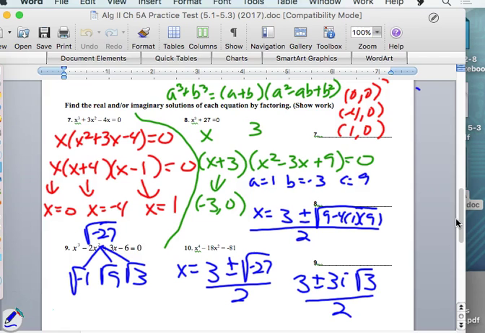Can we simplify that further? No, 3 is not divisible by 2. Not nicely anyway. You're not going to get a nice integer out of that. So we've got the really nice 0 of negative 3, 0 back up here. And then we've got a couple of ugly ones at 3 plus or minus 3i square roots of 3 over 2. That took some space, huh? I'm going to have to erase this to go after 9 and 10. I'm going to need more time for number 8.